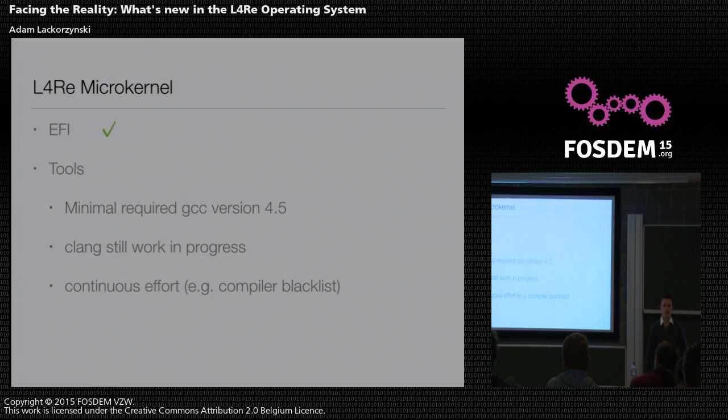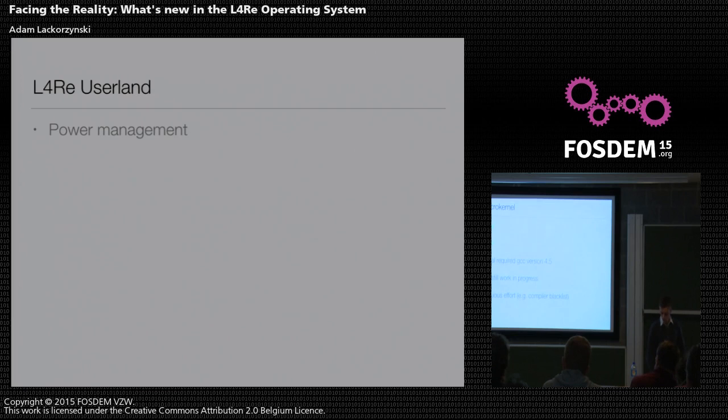Recently we had to add compiler blacklists because we were bitten by some serious compiler bugs, so as a safety feature, you're not able to compile Fiasco with certain compilers or compiler versions. So yeah, we are working on this as well.